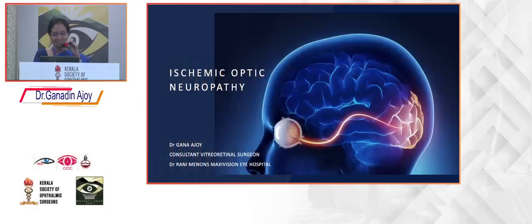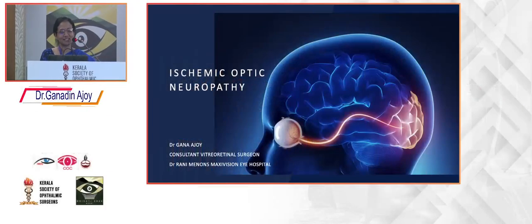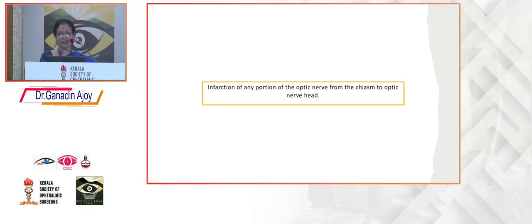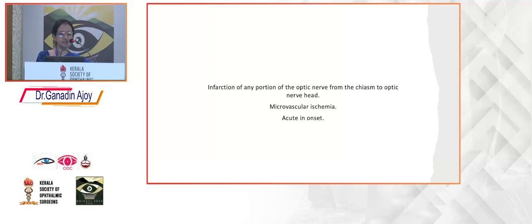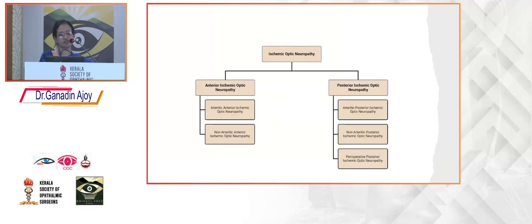Good afternoon. So my talk today is ischemic optic neuropathy, and I'll jump right into it. Ischemic optic neuropathy is infarction of any portion of the optic nerve from the chiasma to the optic nerve head, and it is a microvascular ischemia, and it is acute in onset. It can either be anterior or posterior, and how do you distinguish that?